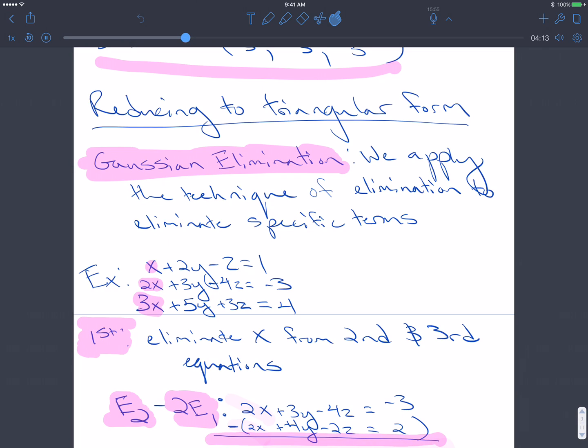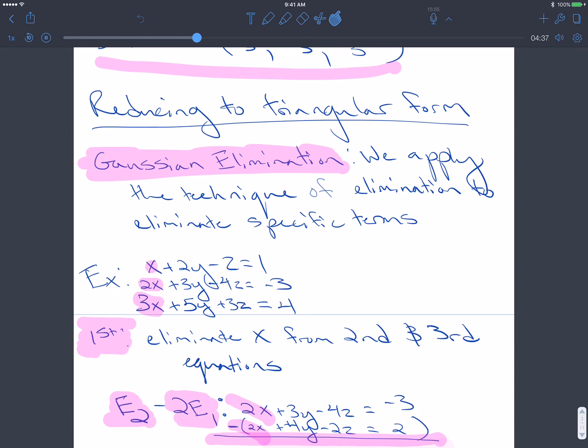Right, 2x plus 3y minus 4z is equal to negative 3. Subtract from that 2 times x plus 2y minus z equals 1, which is 2x plus 4y minus 2z is equal to 2. Now, I can see that the 2x and the negative 2x will cancel each other, and then I have 3 minus 4y, so I have a negative y.